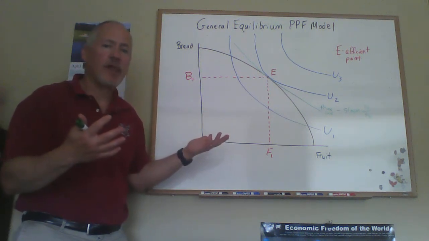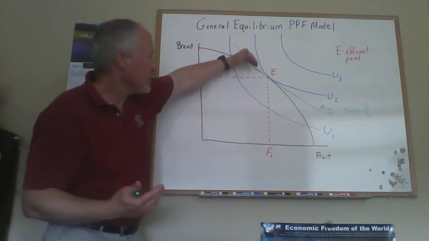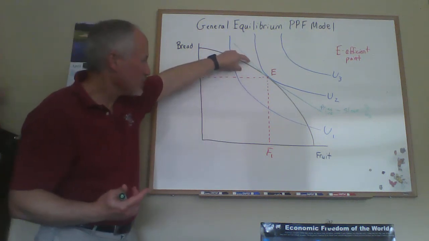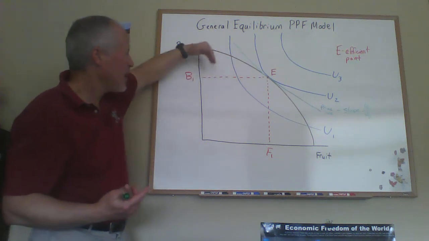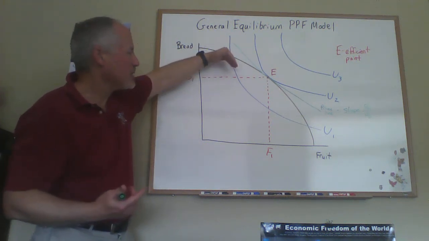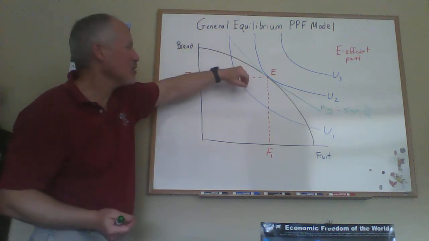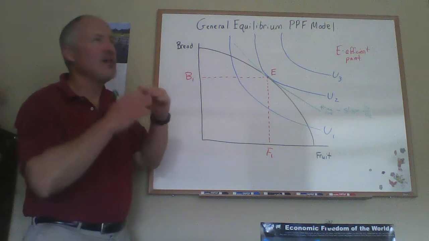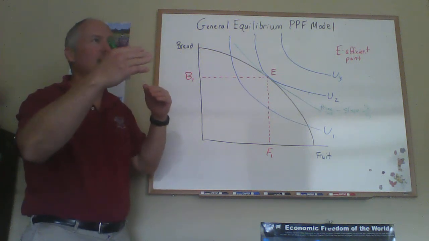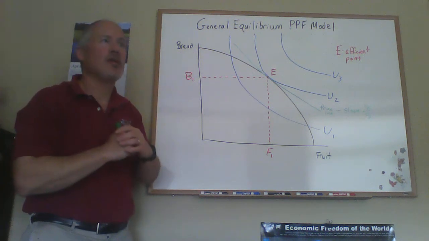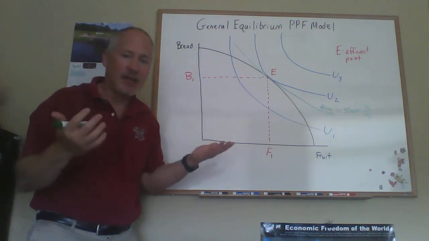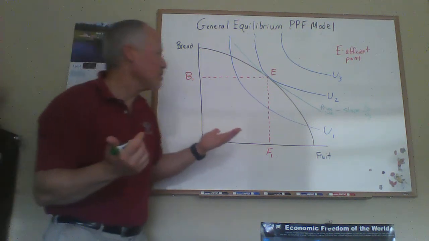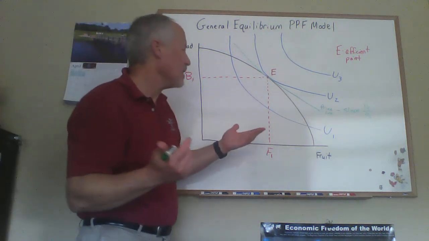And so you could think of taking a whole bunch of budget lines with this slope that I've drawn in here, and evaluating different points on, or inside, the PPF. The budget line that goes farthest out to the northeast would represent the most valuable combination of bread and fruit that you've identified.